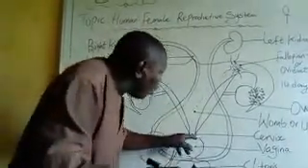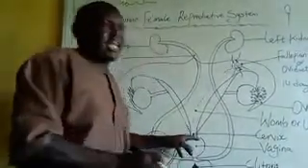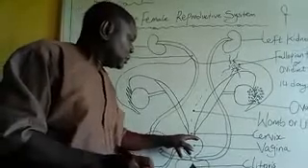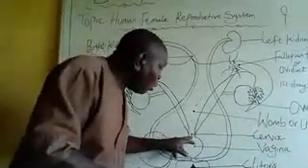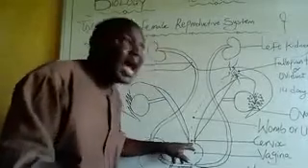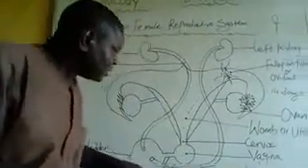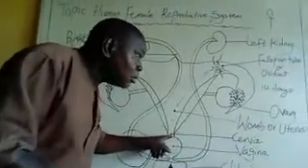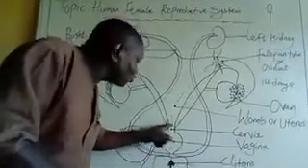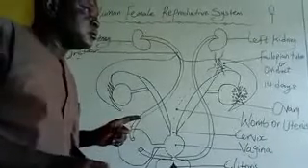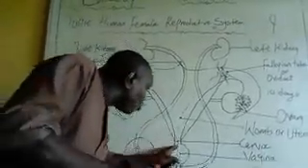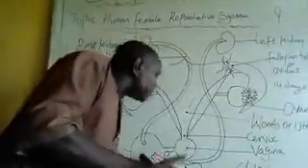It controls the opening and the closing of the vagina. Alright? It allows the unborn baby to pass through it. Unborn baby passes through the cervix.